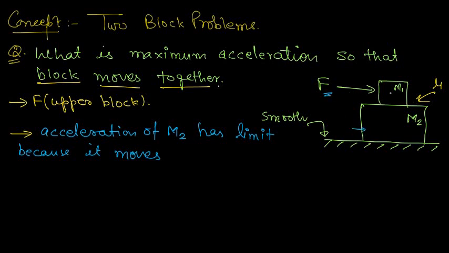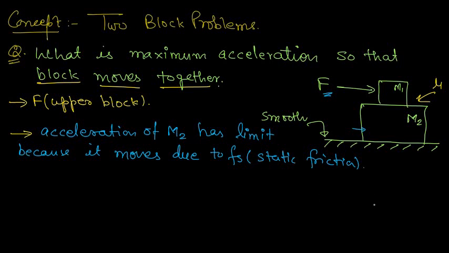Because of the friction. So the acceleration of m2 has a limit because it moves due to Fs, and that is nothing but static friction. So block m2 will move due to the static friction that is created between the blocks.